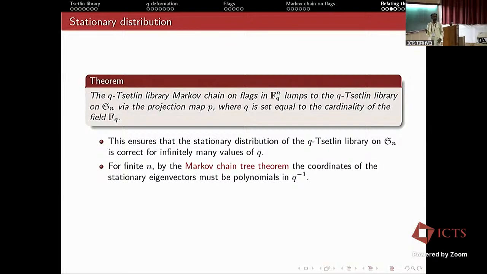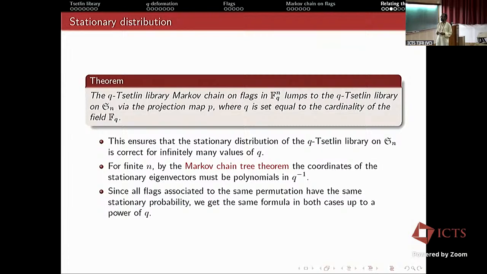These are polynomials in q, for us q inverse. So we use this as an interpolation trick to get ourselves the result. And as I said, all flags associated to the same permutation have the same probability.